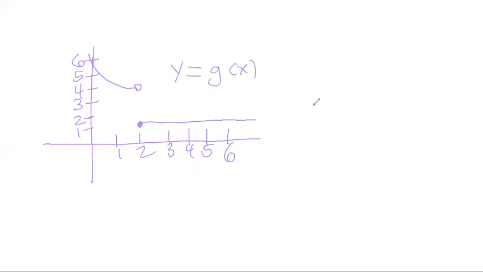So now, let's say we want to see if the limit at 2 exists. Well, first we have to test the limit from the right side and the left side. It doesn't matter which order you do it in. So suppose I take the limit as x approaches 2 from the left of g of x.